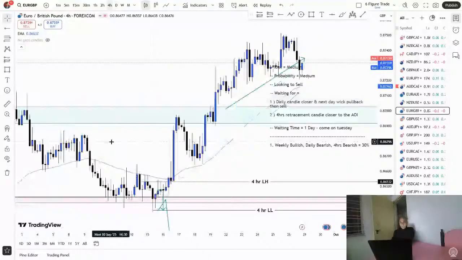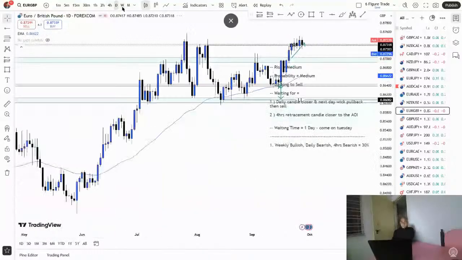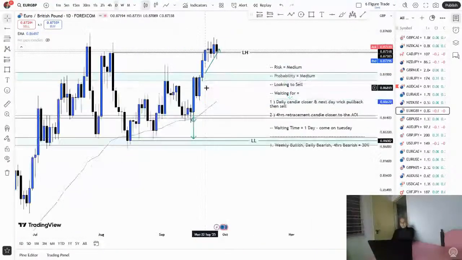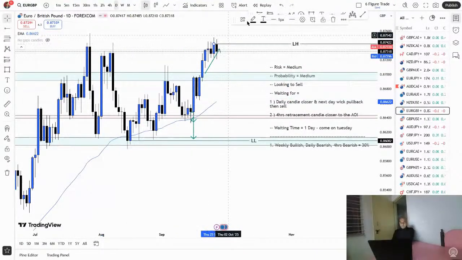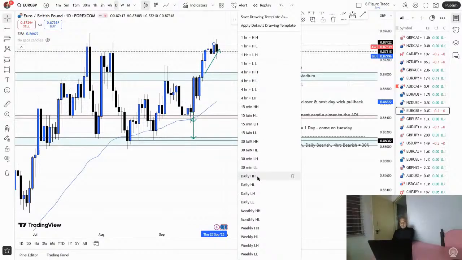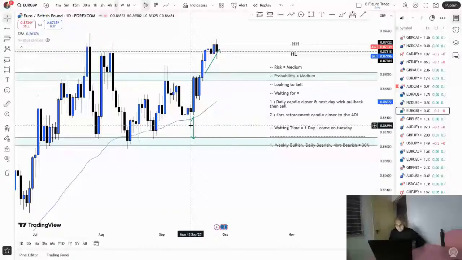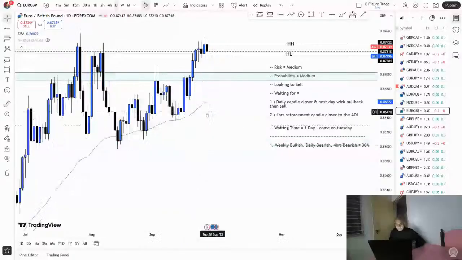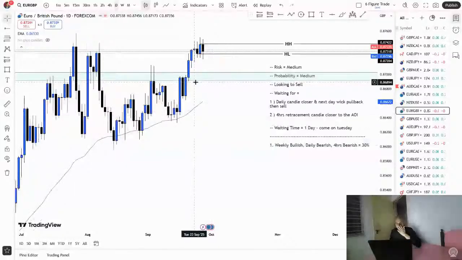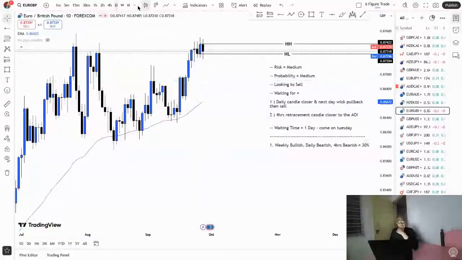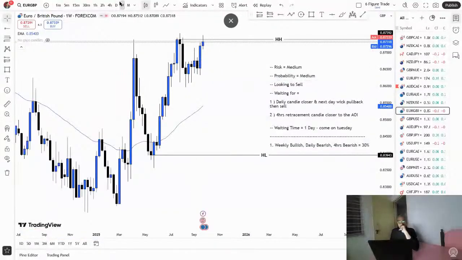The daily is now bullish. This is a daily higher high, and then this is the daily higher low. We have nothing to do here because it is sideways. First thing first, it is sideways. It is on top. I'm good.